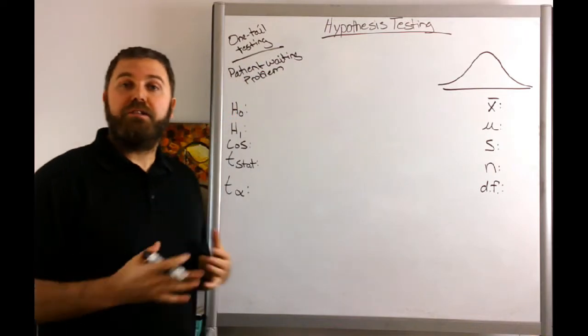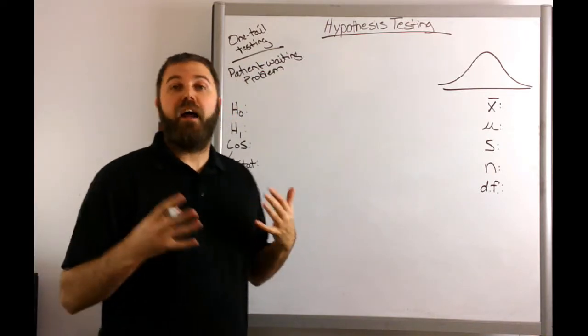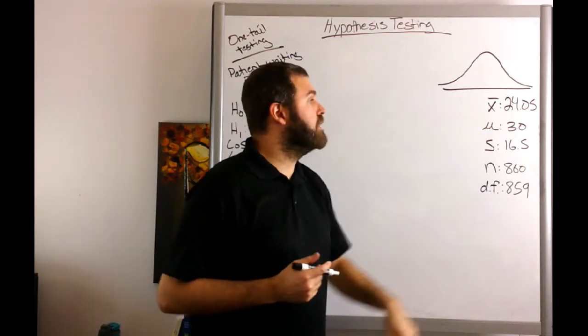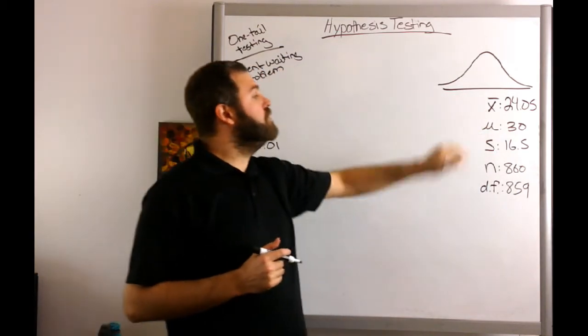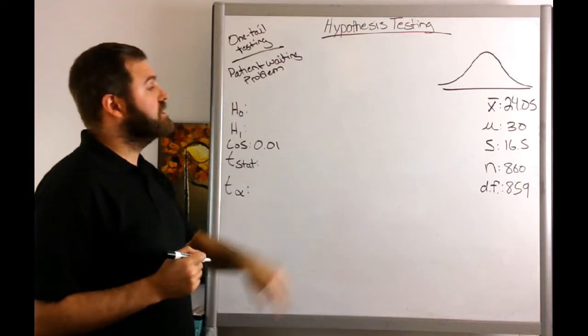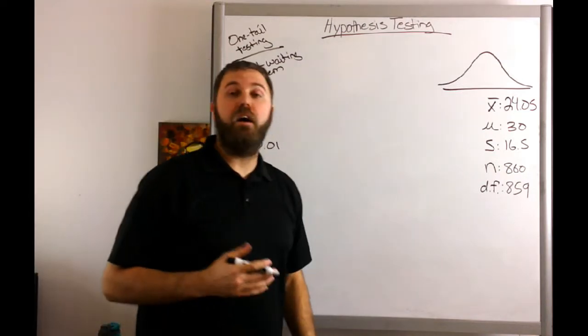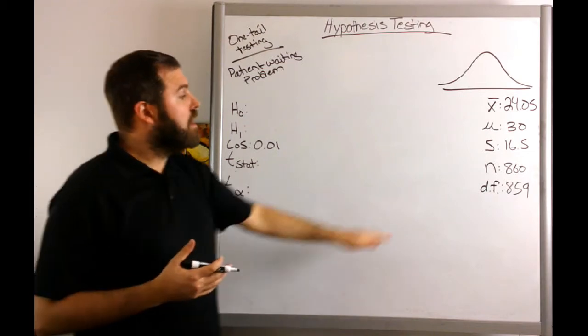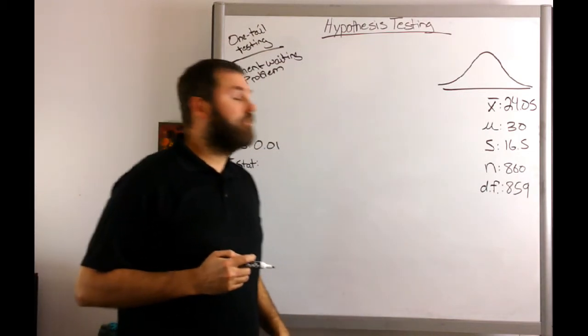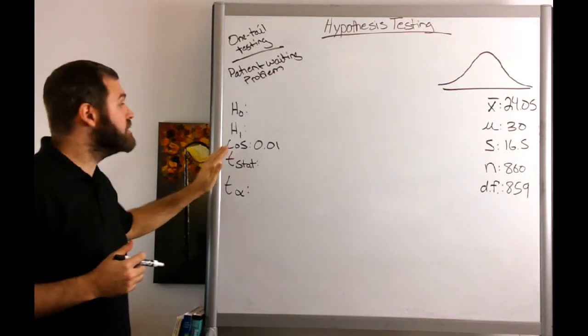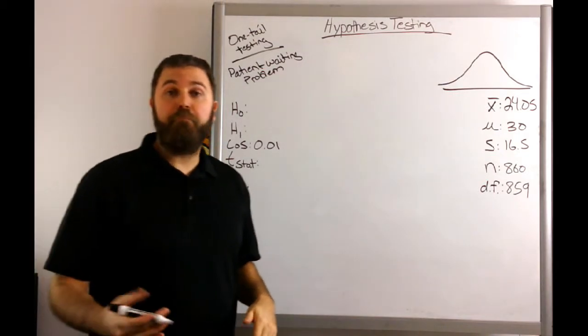The first thing we want to do is identify all of our variables. We have our x bar of 24.05, our mu of 30, our standard deviation of 16.5, our sample size of 860, our degrees of freedom of 859, and our level of significance of 0.01.